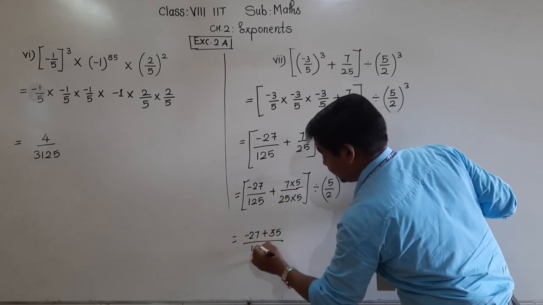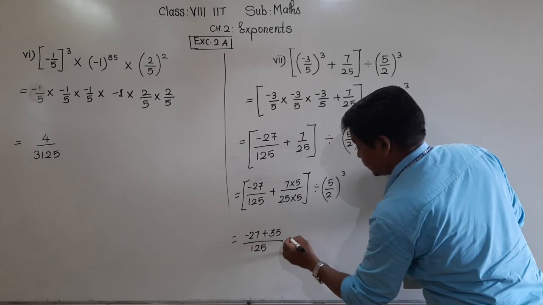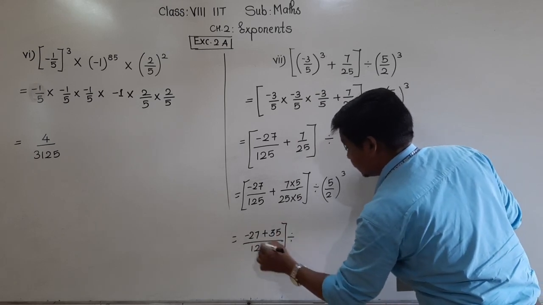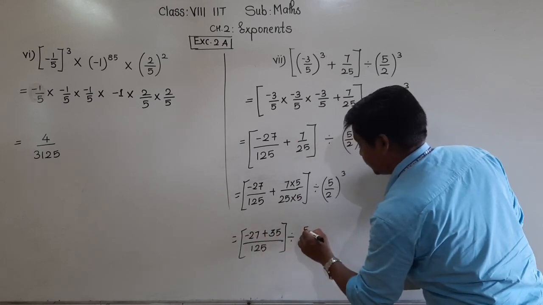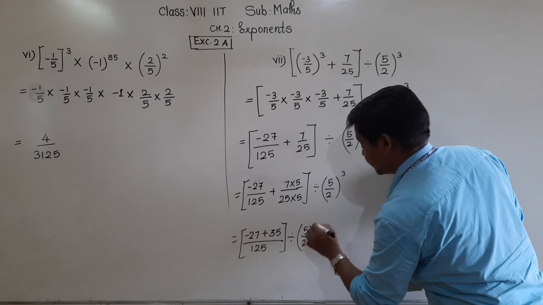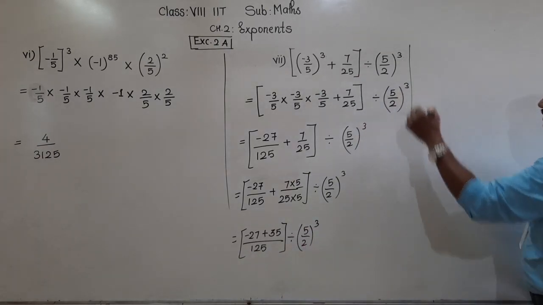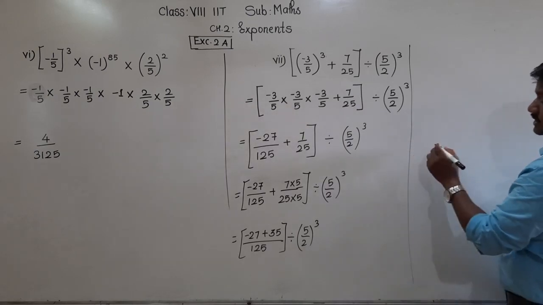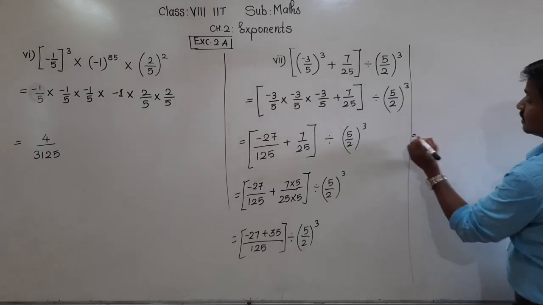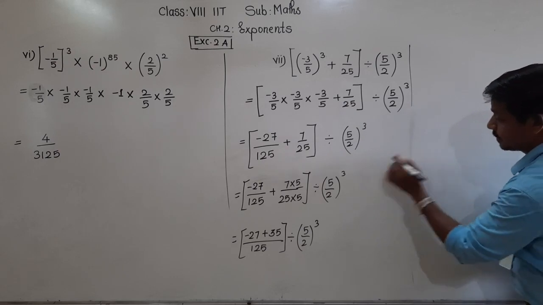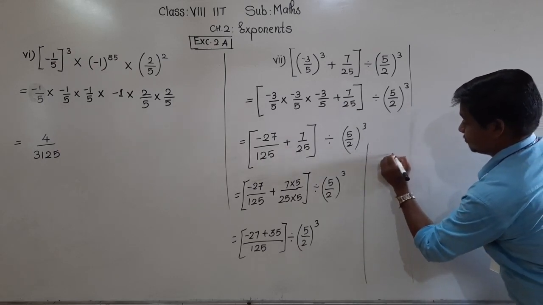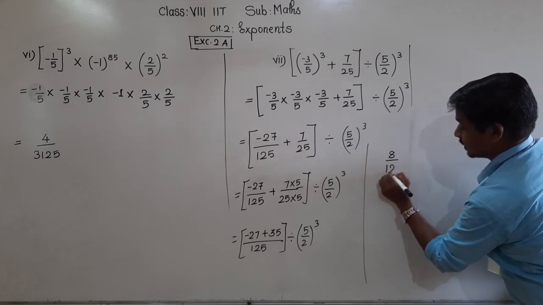upon 125 divided by 5 by 2 raised to the power 3. Fine, understood? The next, minus 27 plus 35, 8 by 125.